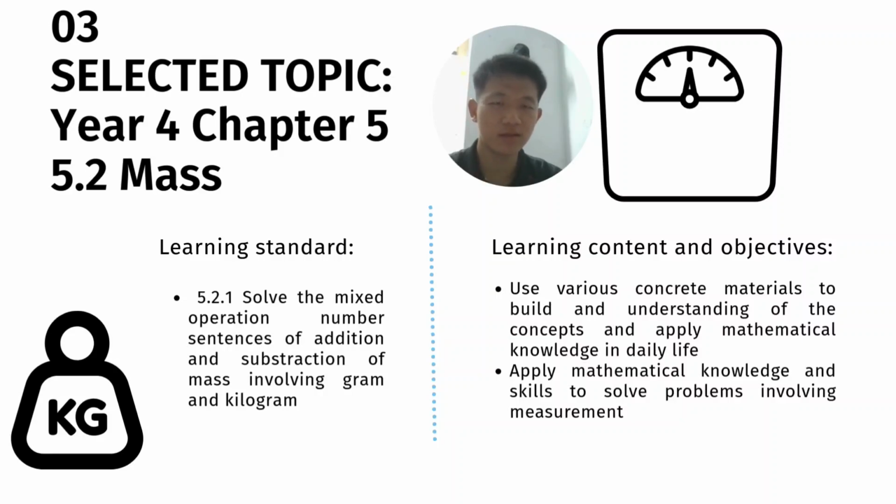The learning objective for this topic is to use various concrete materials to build an understanding of the concept and apply mathematical knowledge in daily life, and to apply mathematical knowledge and skills to solve problems involving measurement.